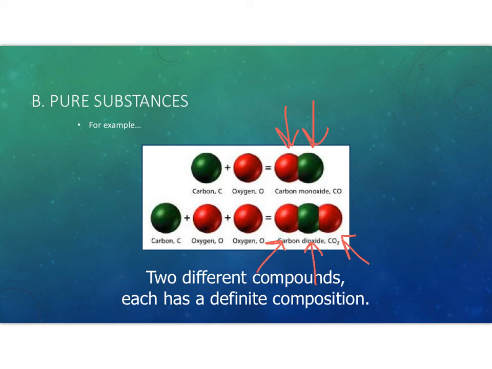So I have 2 different compounds, carbon monoxide and carbon dioxide. These compounds have definite compositions. Carbon monoxide is always a 1-to-1 ratio of carbon to oxygen. Carbon dioxide is always a definite ratio of 1 carbon to 2 oxygen. However, I have multiple proportions. I have the same elements but in different whole number ratios.